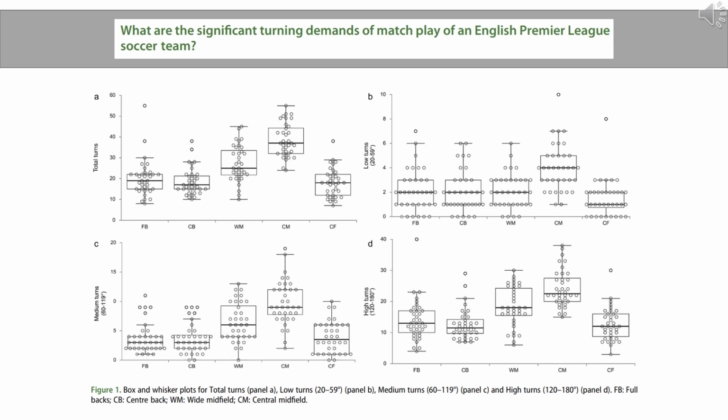Now we're talking about the total number of meaningful change of direction actions, or turning demands, being up at around 40 per match. So sprinting and change of direction speed are both very important for footballers, but the prevalence of COD actions is much, much greater.